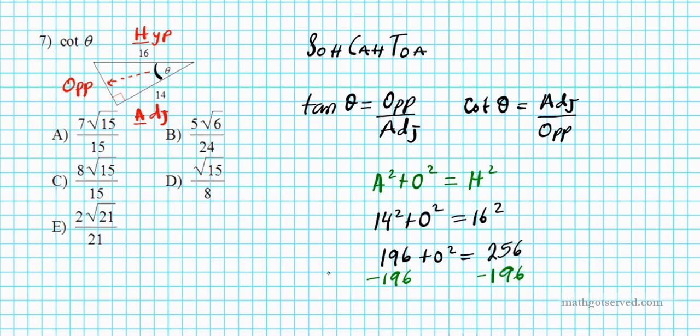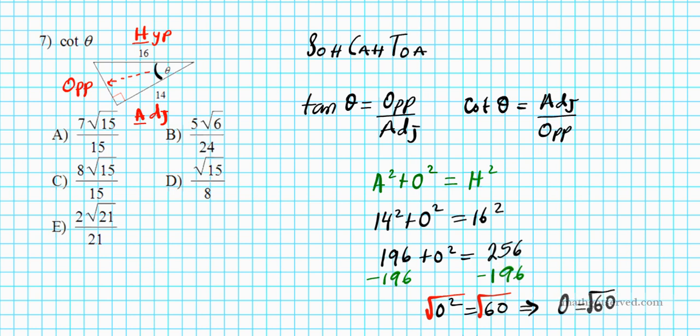And that gives us an opposite squared value of 60. So let's find the square root since we need opposite isolated. So this implies that the opposite is equal to the square root of 60.